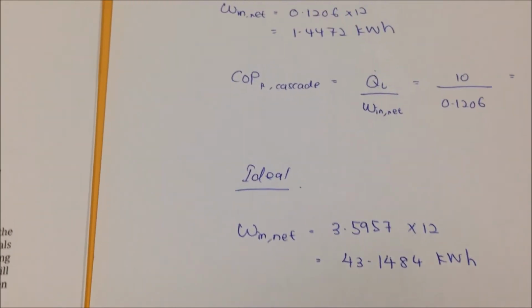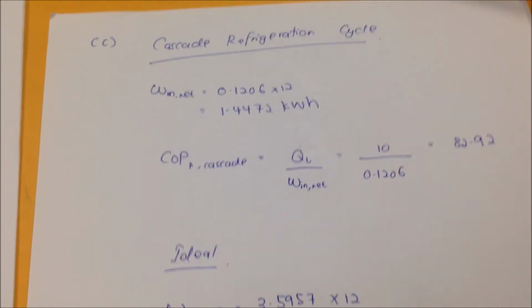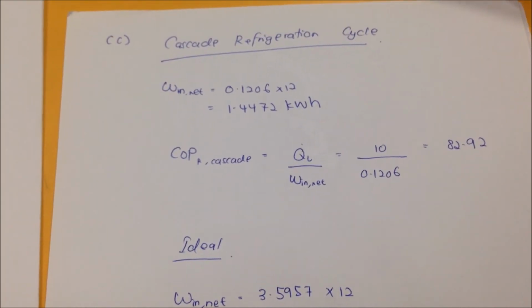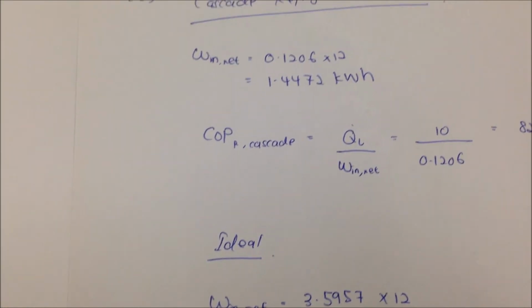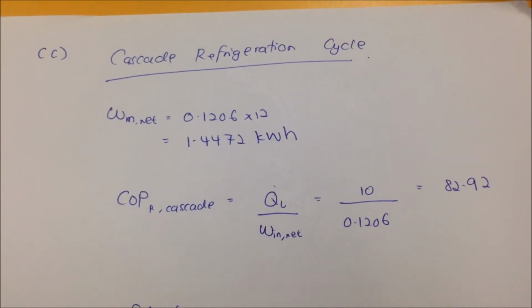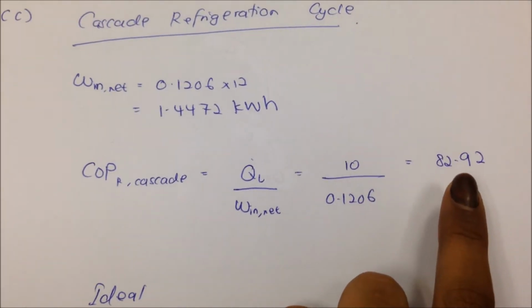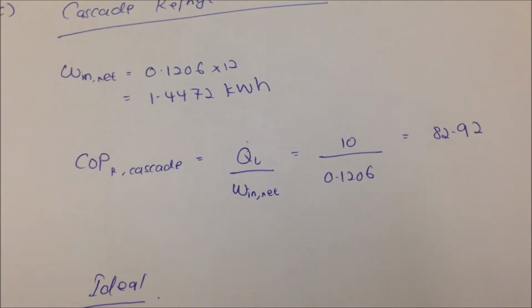To compare with our ideal system, after the analysis we identified the W in net for the Cascade refrigerant cycle is this value, and the COP for Cascade is 82.92.